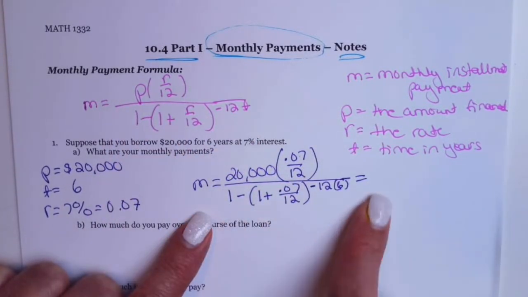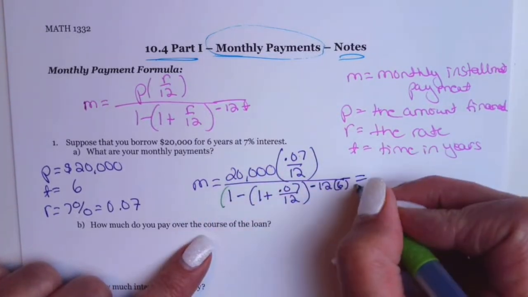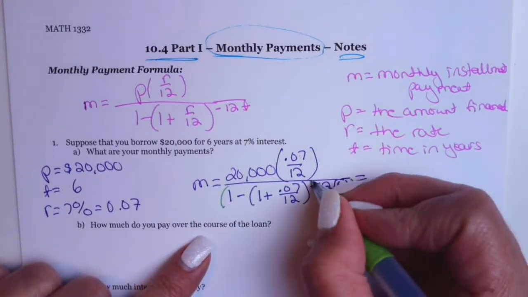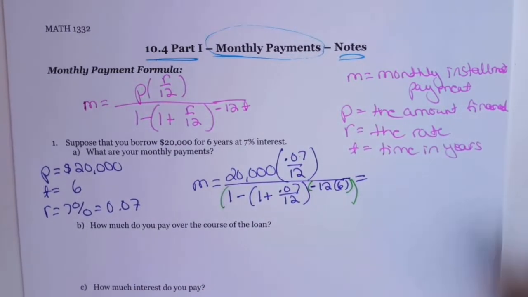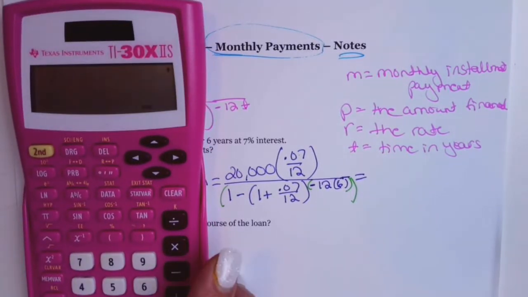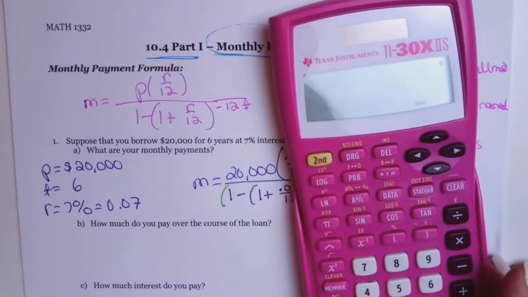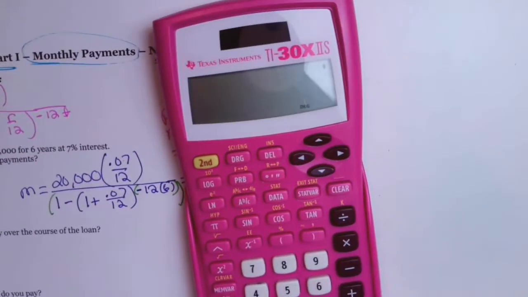But when we're putting this in a calculator, you're going to have to use parentheses here and another set of parentheses around the exponent, just to make sure that it takes it correctly on your calculator. So how do we do this? Here we go.